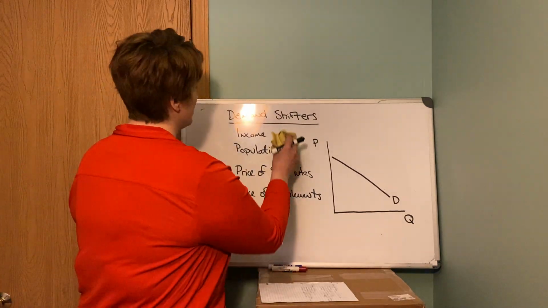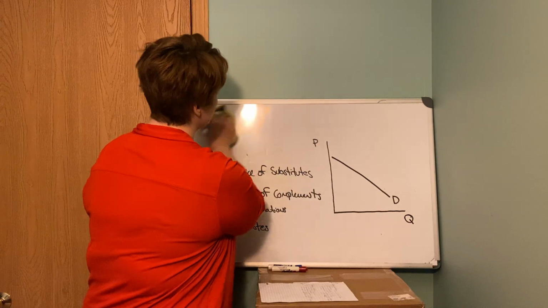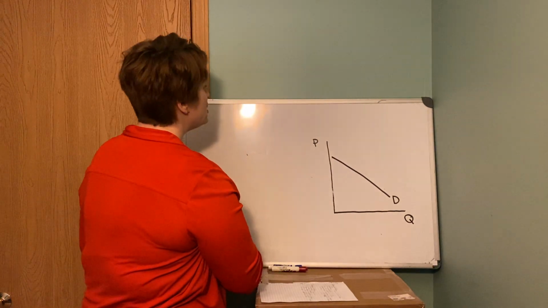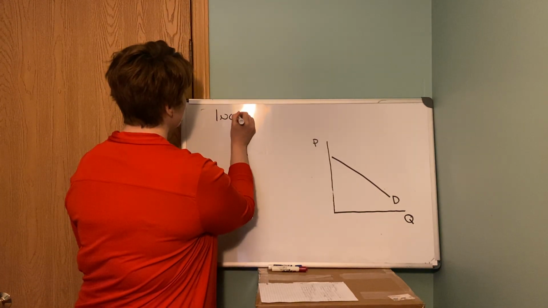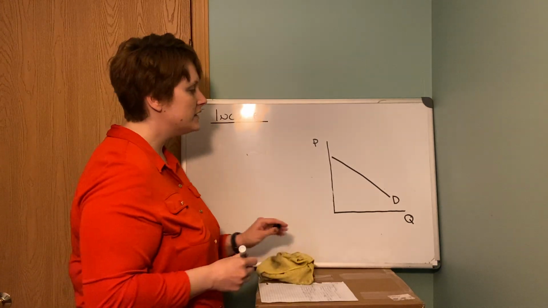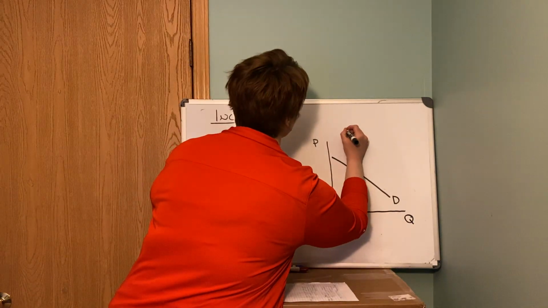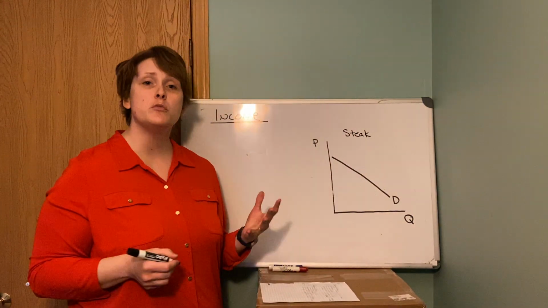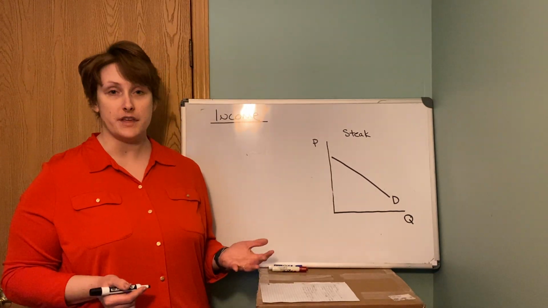So let's take an example here. Change in income. All right, let's say that this is the market for steak. Steak is a normal good. We tend to purchase more steak as we get wealthier.